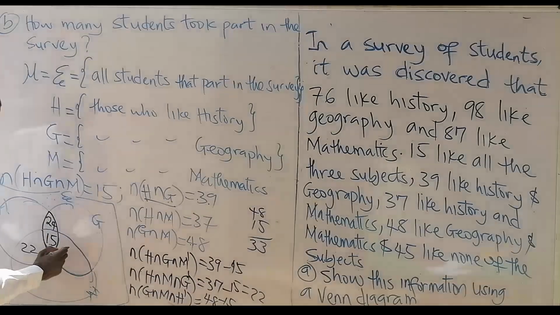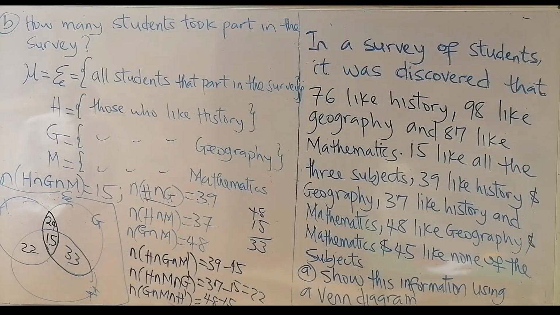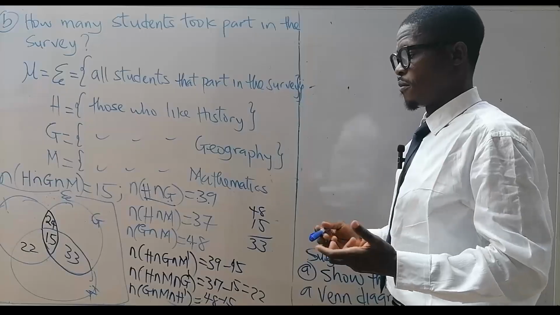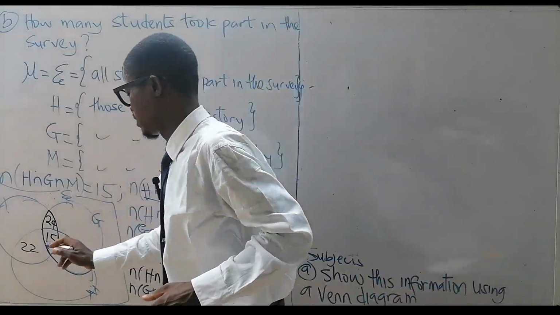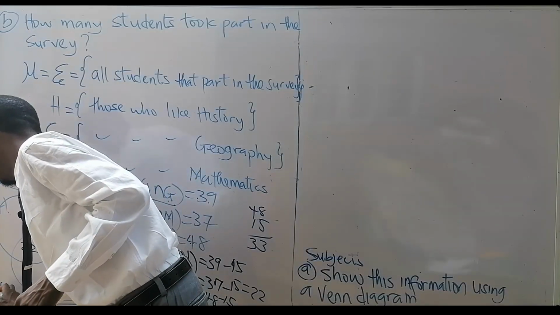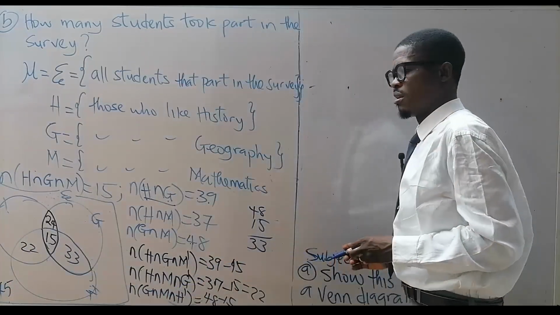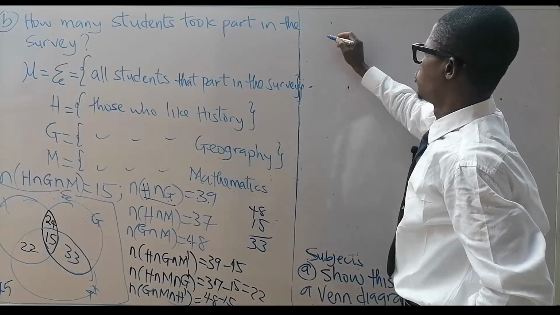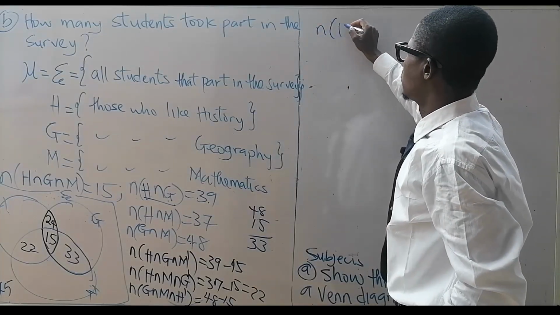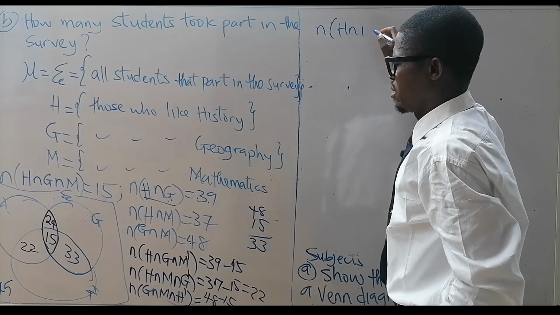And that will be 33 for geography and mathematics. We are informed that 45 take none of the subjects. So that will be outside the 3 boxes.